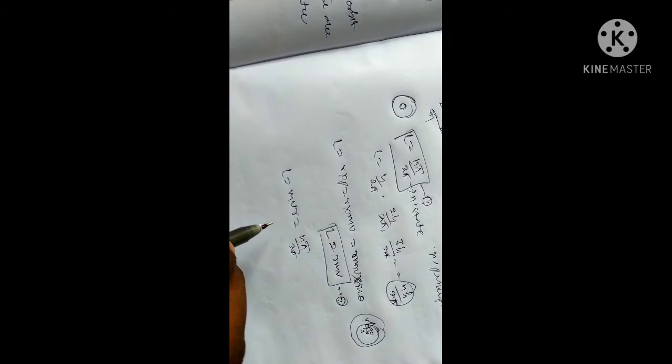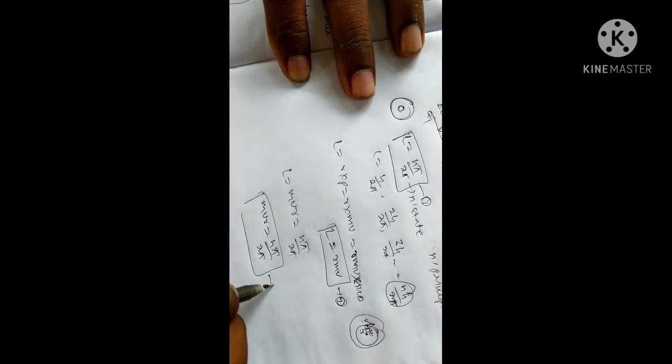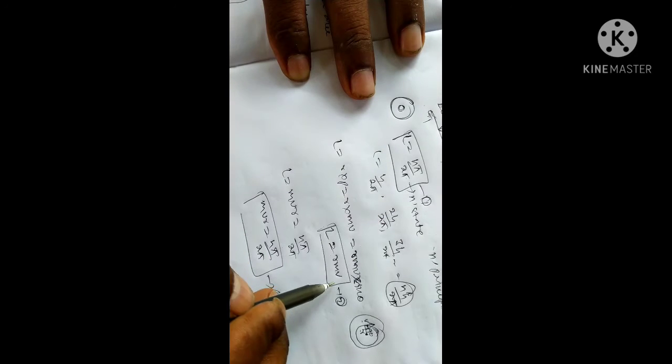So mvr is equal to nh by 2 pi. This is equation number 3. This is the first equation, this is the second equation.